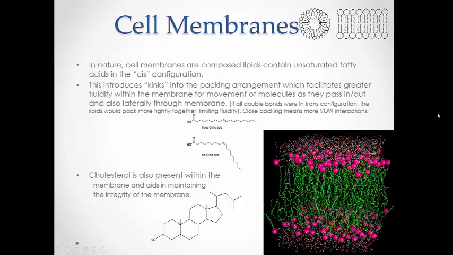So we need these kinks in our membranes, because otherwise the lipids are packed too tightly together, and we don't have the fluidity or the movement across the membrane because it's too closed in. So we need our cis fatty acids over our trans fatty acids.